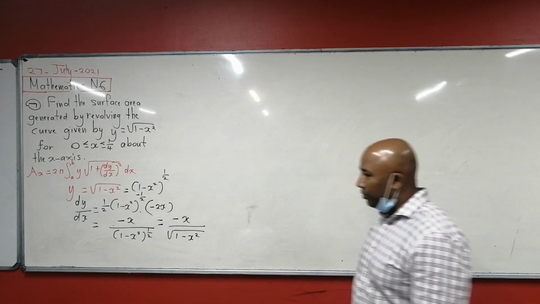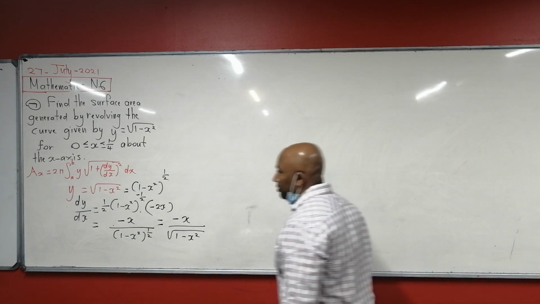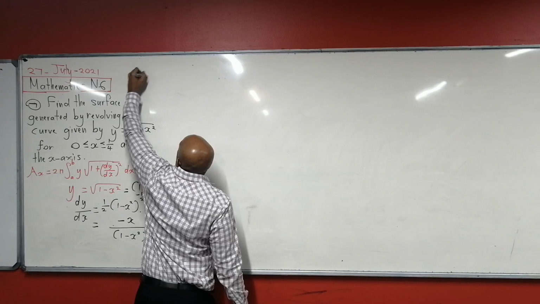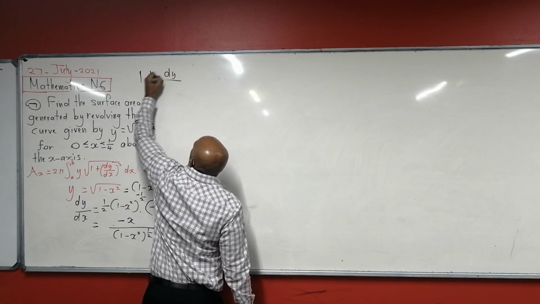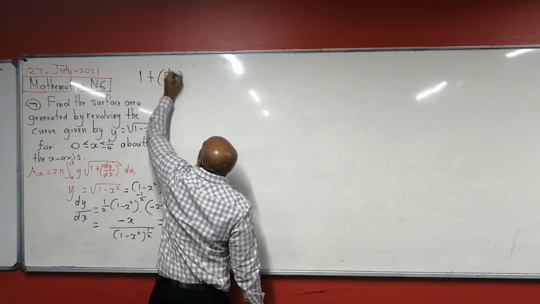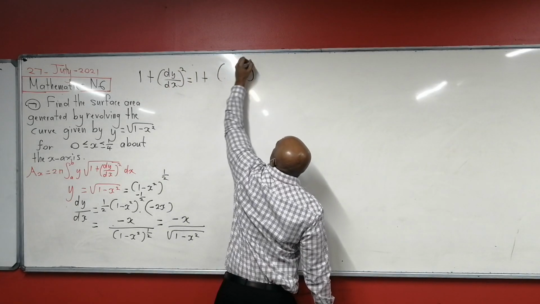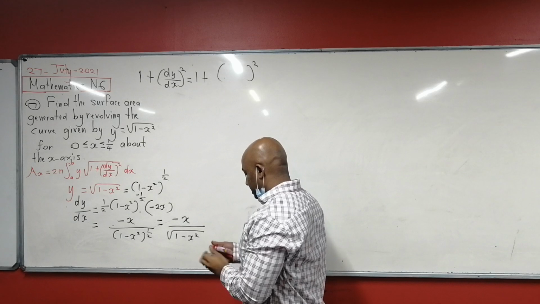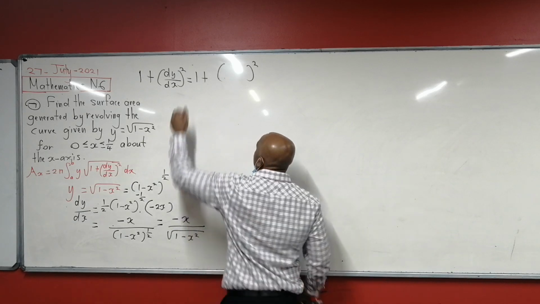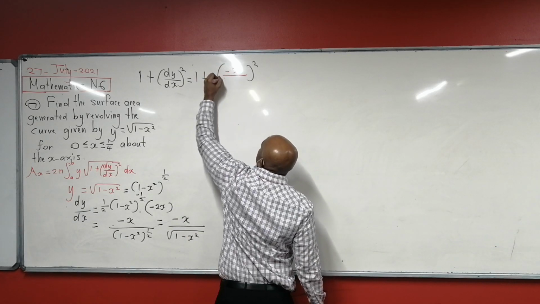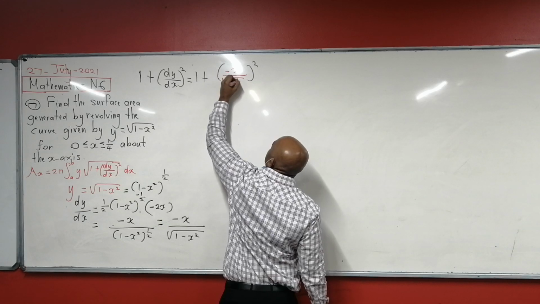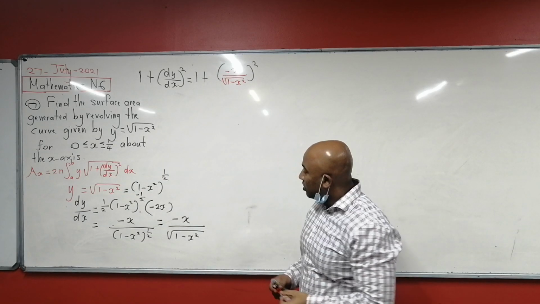Right, now we're going to go 1 plus dy over dx all squared. Let's see what happens when we square. So we got minus x all divided by the square root of 1 minus x squared, all squared.